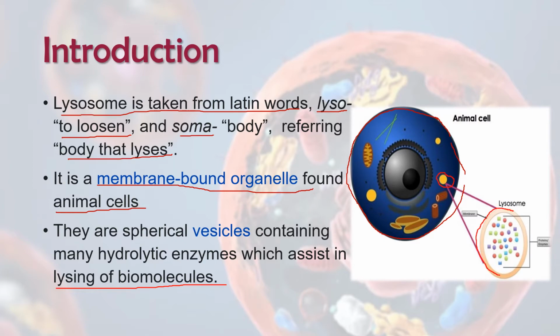So the lysosome has a spherical sac which is enveloped by a membrane quite similar to our plasma membrane. Hence, if we magnify this particular layer, we can see that it is composed of a phospholipid bilayer.